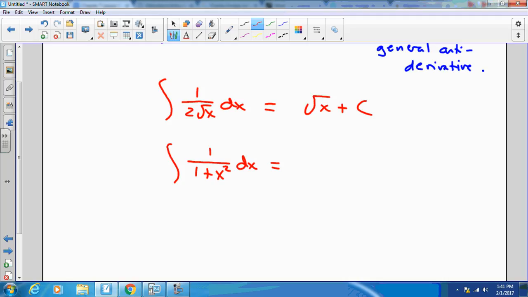Function whose derivative is 1 over 1 plus x squared. If you're not sure, you can go hunting through your list of derivative rules in the book. You do have a handy list of derivative rules somewhere, right? Grab it.